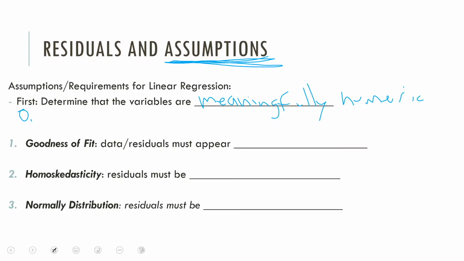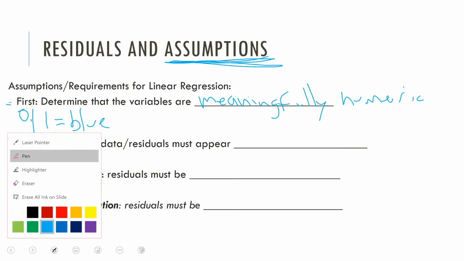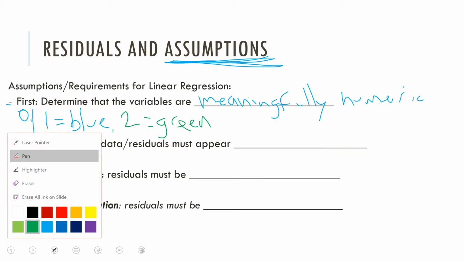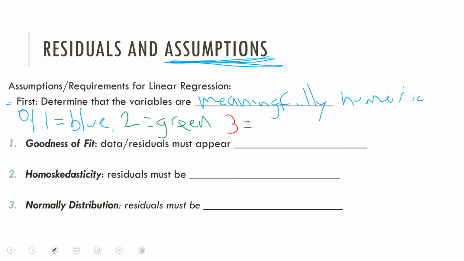So what do we mean by meaningfully numeric? Here's an example. Let's say we're working with some kind of data, and in one of our columns we have something that represents colors. We have 1 coding the color blue, 2 coding the color green, and 3 coding the color red.